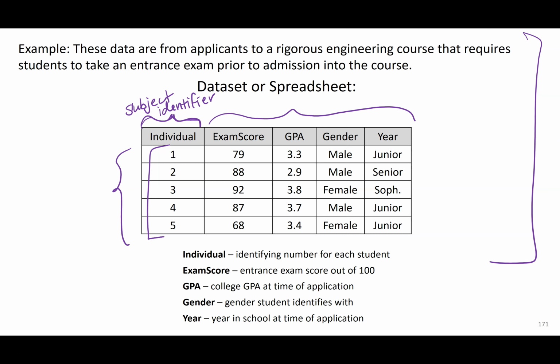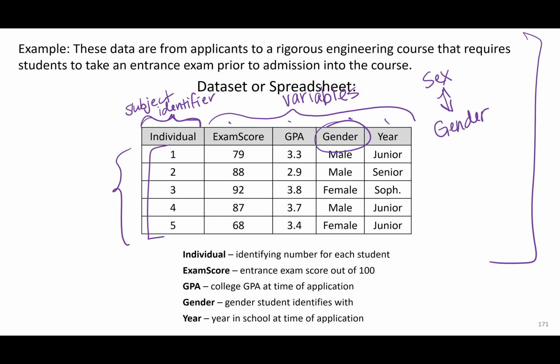Then all of these columns here, exam score, GPA, gender, year, these are all variables that were collected on each of the 5 individuals. And just some commentary. It says gender here. Know that, unfortunately, the field of statistics, or just research in general, has a nasty tendency to treat sex and gender as interchangeable, and they're not.